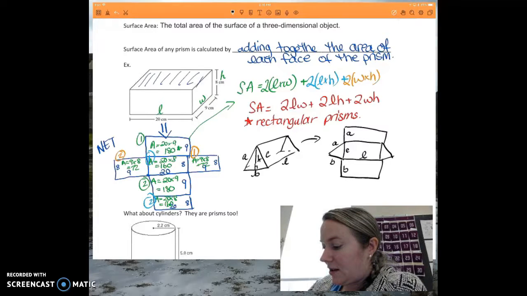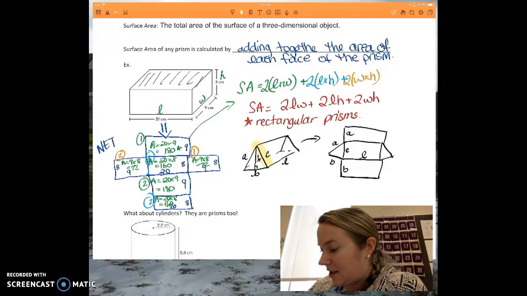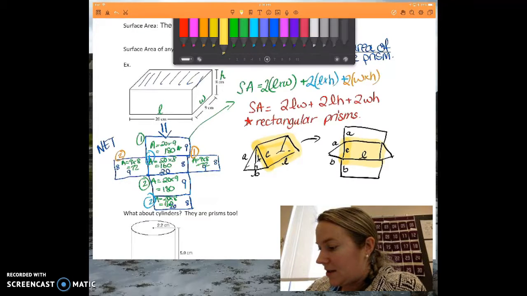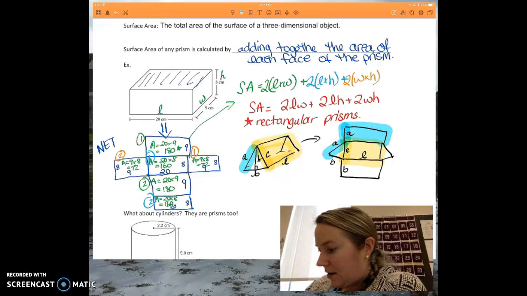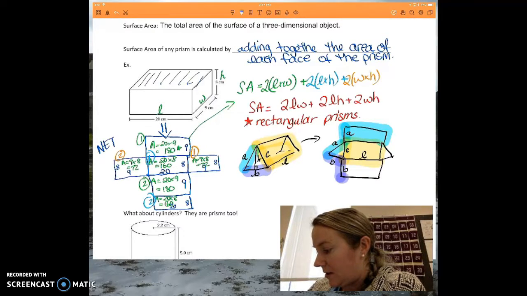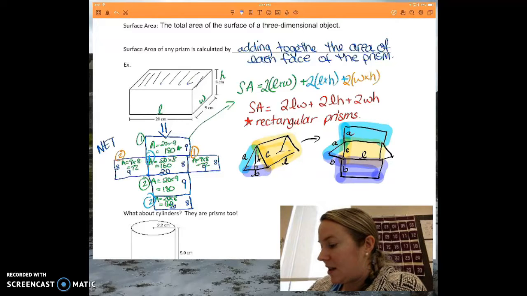So you can see if this length here is side C, this face is C times L, which is the same as that face there. And if this outside is A, right there is A times L. And if this side is B, right here is B, and you get B times L.